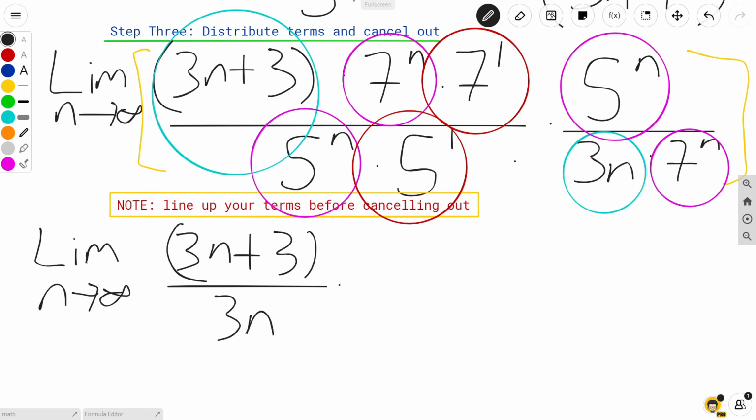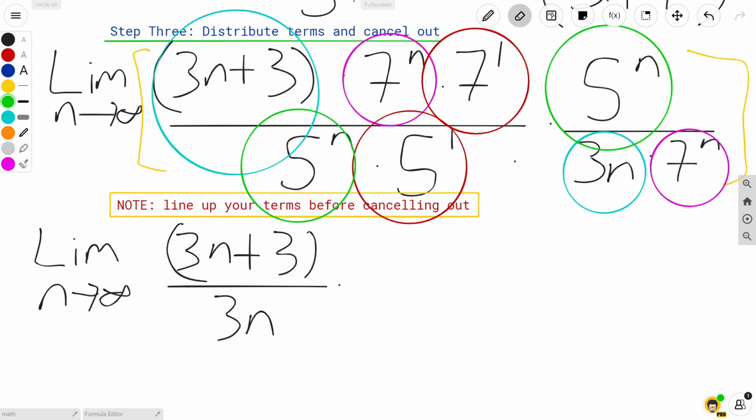Times, oh, I just noticed I circled these with the same color. So here 5^n will be in the green circle. There we go.